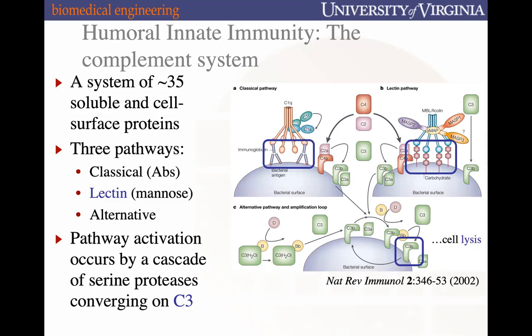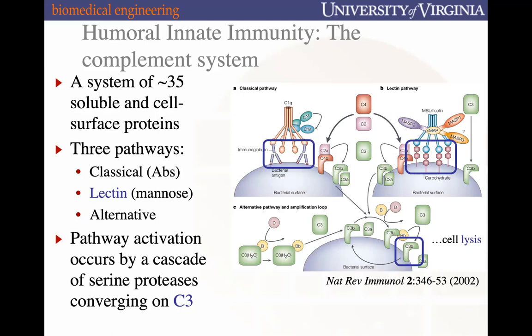In the lectin pathway, it's characterized by a lectin that's called mannose binding lectin. What's really unique about bacteria is that the sugars on the surface of their cells have a lot of mannose. Usually we express mannose on different surfaces, but we do not express mannose as highly as bacteria.